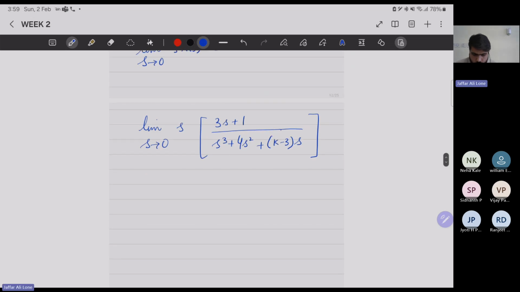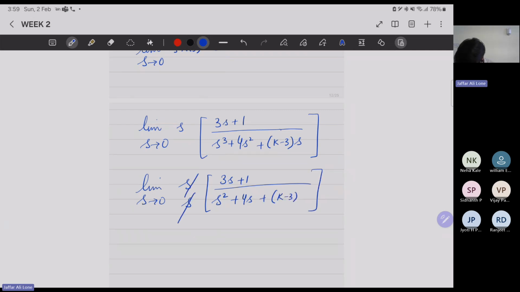Correct? So we can take s common here. The limit as s tends to 0 will be s times (3s + 1), or if we take s common, s times (s² + 4s + k − 3).